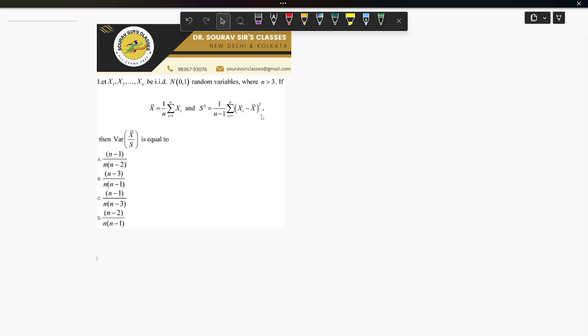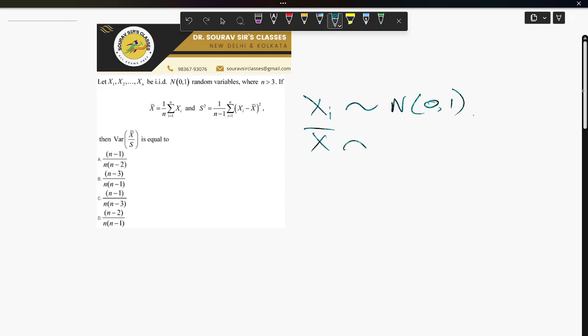We need to compute the variance of X bar by S. So, the distribution of X bar and S squared: X bar is the sample mean, and since Xi follows the normal distribution N(0,1), X bar follows a normal distribution too. And S squared is the sample variance and it follows a scaled chi-square distribution.